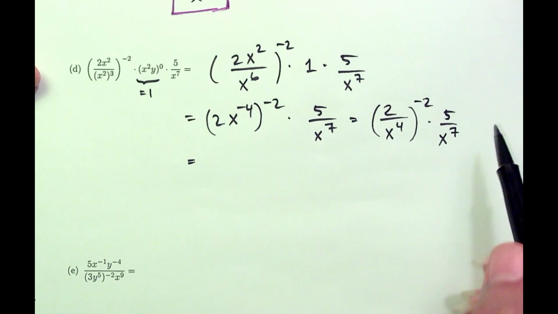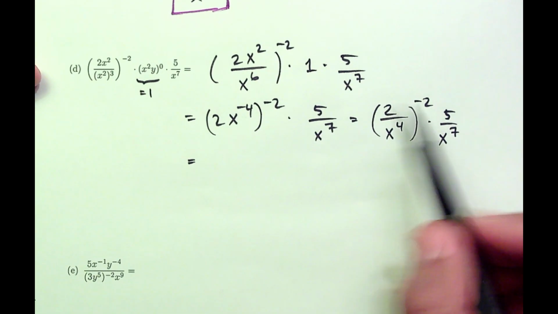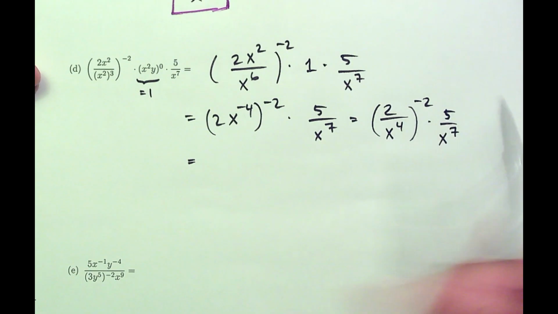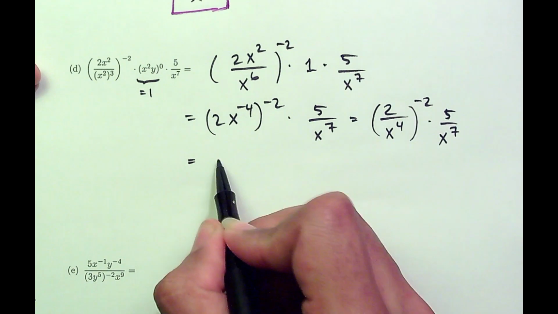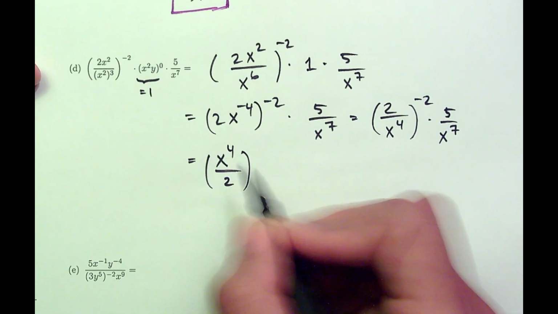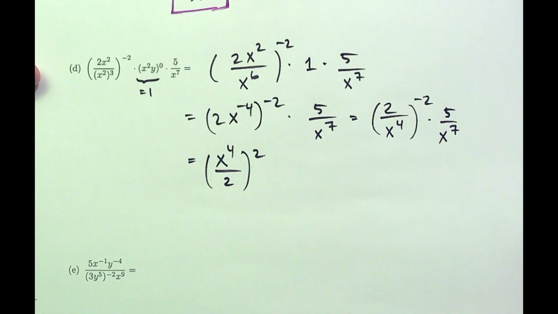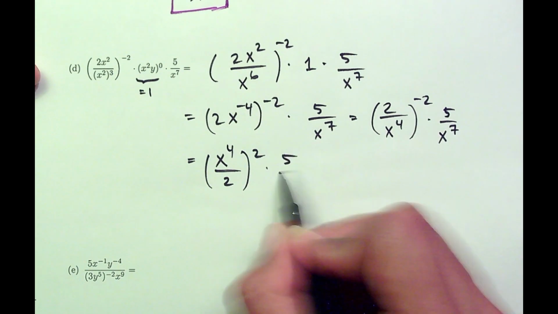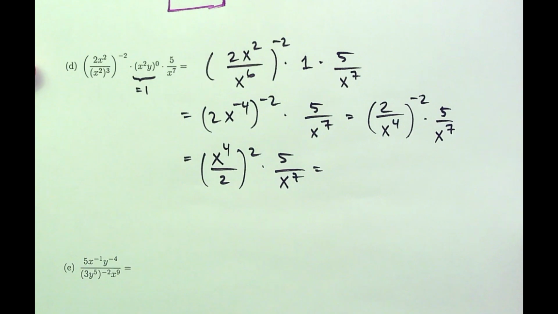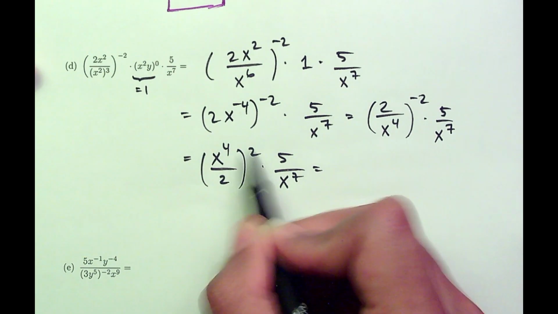All right, next, probably just like 2 or 3 more steps. Next, you have this negative exponent affecting this fraction, so that means that negative exponent flips the fraction, so that means x to the 4 over 2. And once you flip it, you keep the positive exponent. All right, now you can distribute this square over that fraction.